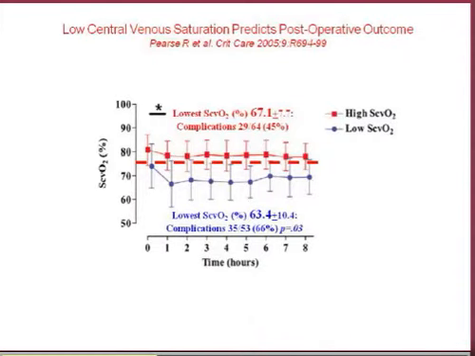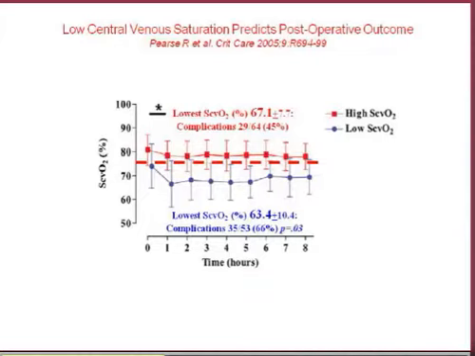I think that this has been used in different settings, and in that study from Rupert Pearse in London, we clearly see in patients in the recovery room after having had high-risk surgery or heavy surgery, that some patients are able to keep their SvO2 quite nicely, and remember that's the place where the patient awakens.